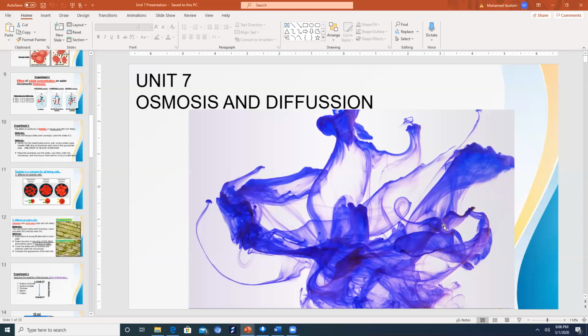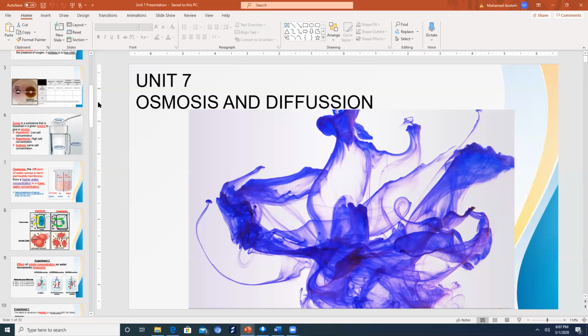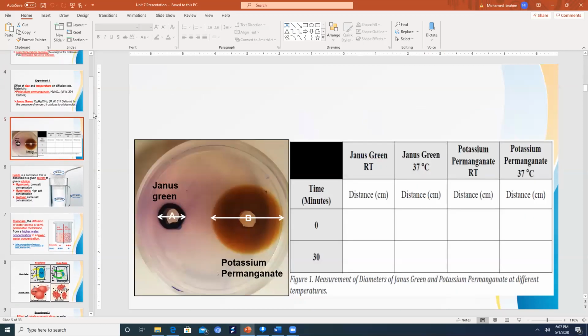Okay, can you see Unit 7? Yes. Okay, great. Unit 7 is hard. I agree with you. In Unit 7, you'll see lots of questions on cell diffusion, diffusion and osmosis. First of all, you need to know the difference between diffusion and osmosis.